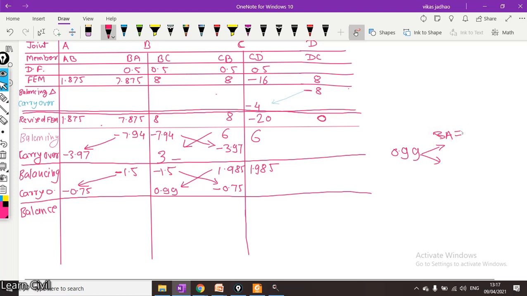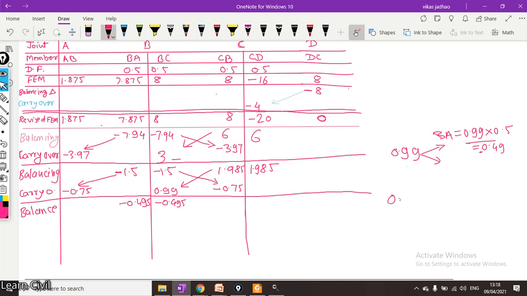How much will it be? It will be 0.99 multiplied by the distribution factor 0.5, which is 0.495, but the sign should be negative, so this will be minus 0.495, and here again minus 0.495 because the distribution factor is the same.